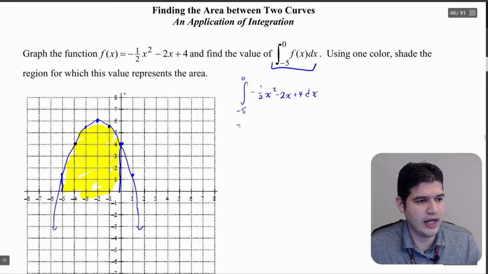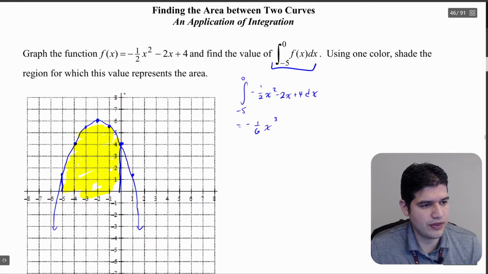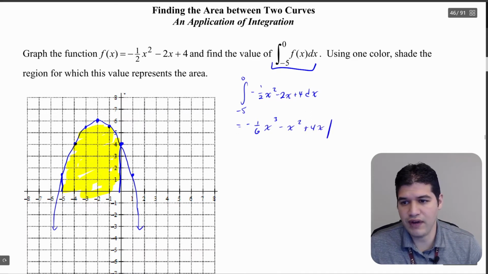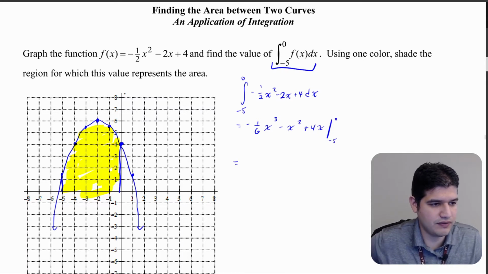The antiderivative for that is going to be -1/6 x to the third minus x squared plus 4x, and we are going to evaluate this from -5 to 0. I'm going to plug in 0 and -5.